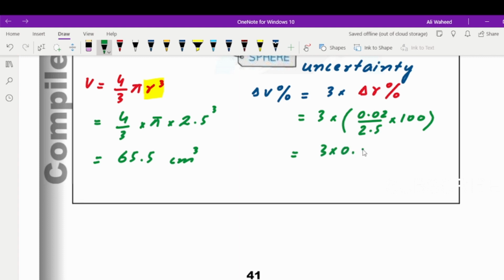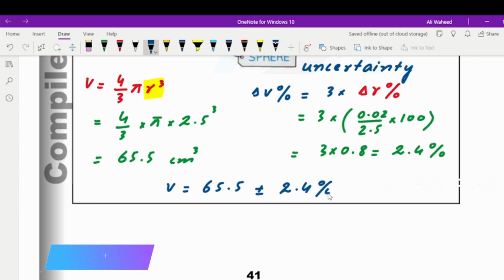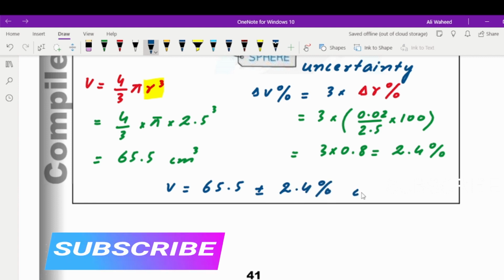We hit it on the calculator, we get 0.8, and that equals 2.4%. And once again, there are 2 ways you can write the final answer. Either you can leave the final answer with the percentage uncertainty, or you can write the final answer with the absolute uncertainty. So it will be 65.5 plus minus 2.4%, and the unit would be cubic centimeters.